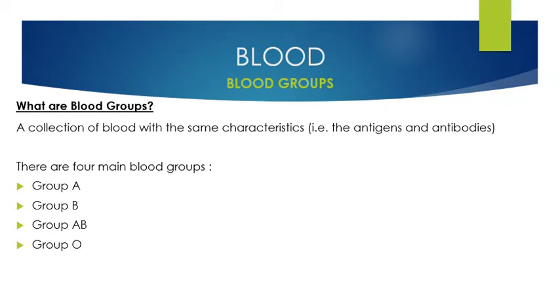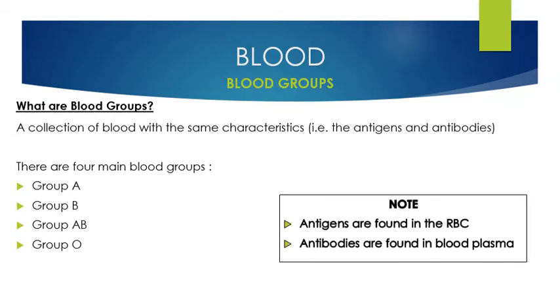Now, you should always note that the antigens are found in the red blood cells, while the antibodies are found in blood plasma. It's very important to know where the antigens and antibodies are located in blood.